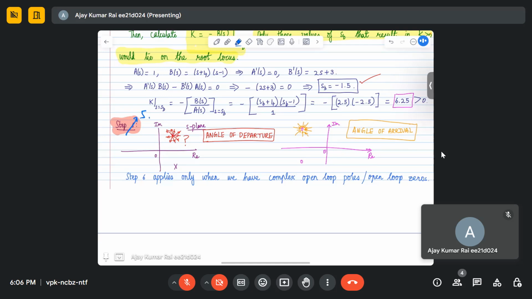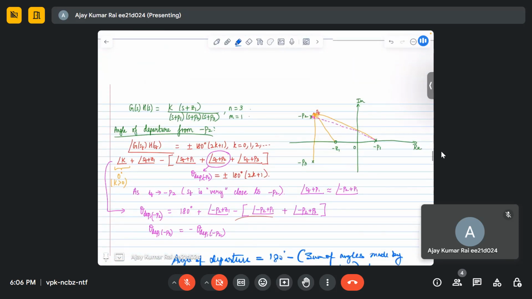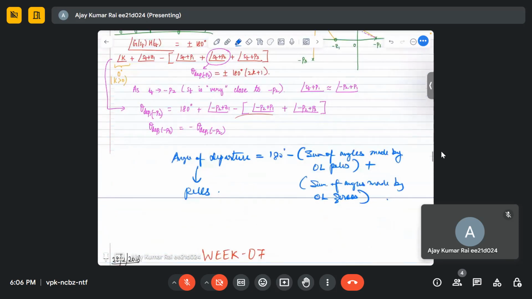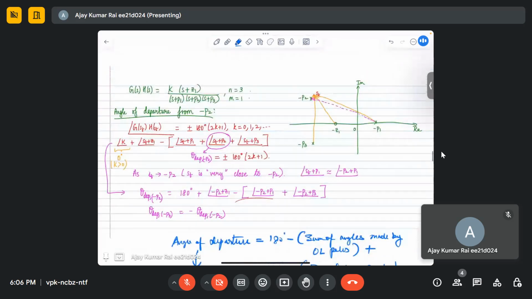For poles the value of k is equal to 0, which is why the root locus starts from there and why it is called angle of departure. For the open loop zeros, the root locus arrives from some other point, so we call that the angle of arrival. We have studied the formulas also.